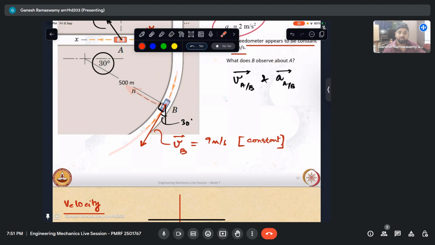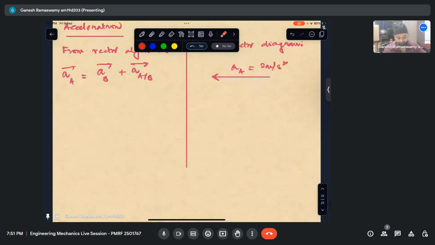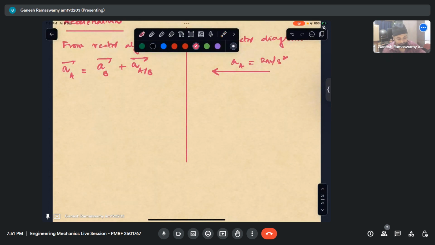Now we have seen that centripetal acceleration, if this is the path, let me draw the circular path here.